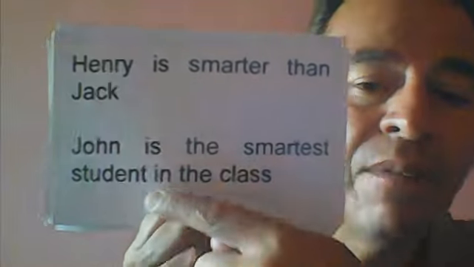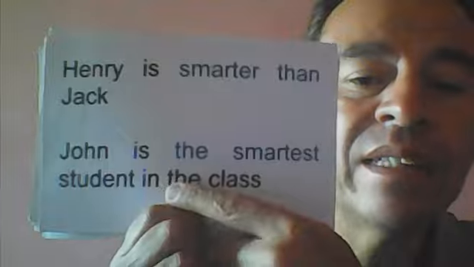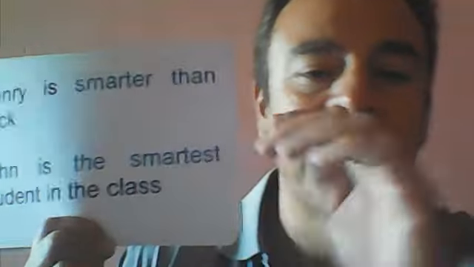For example, John is the smartest student in the class. He is the smartest. Good class. So this is the same rule for all short adjectives. Er at the end and the word than when you compare, and article the plus est if you want to make a superlative sentence. All right.